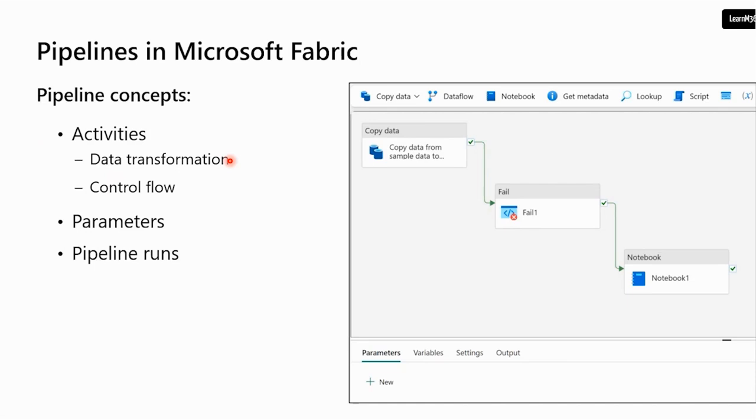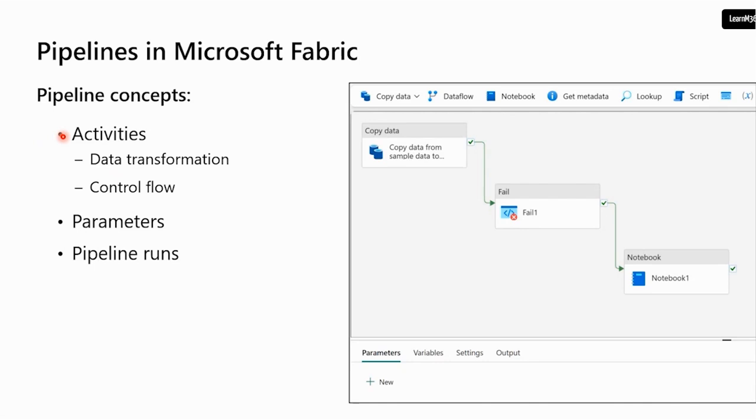Also, you can perform control flow activities, where you manage the execution logic, such as if, switch, for each, wait, or fail activities, to handle any dynamic execution path. So activities are the building blocks of a pipeline itself.